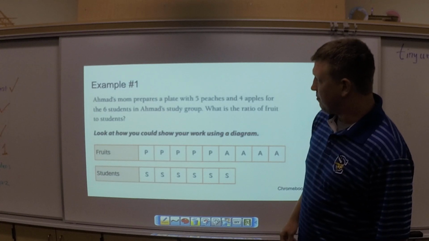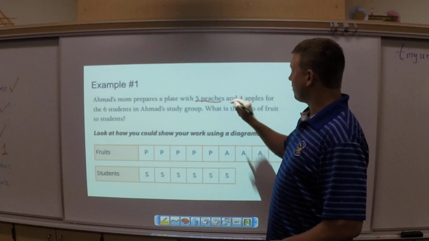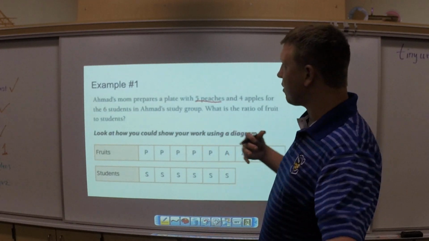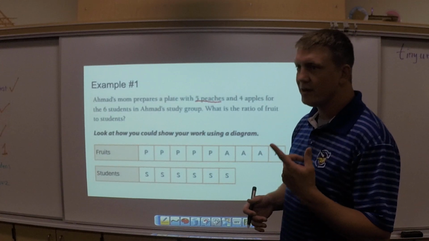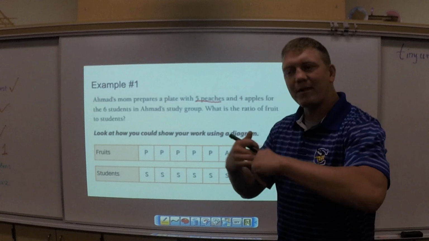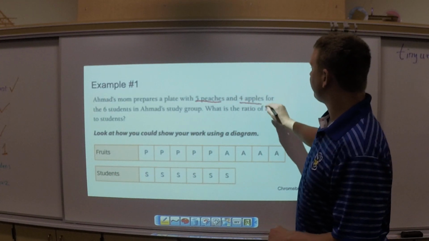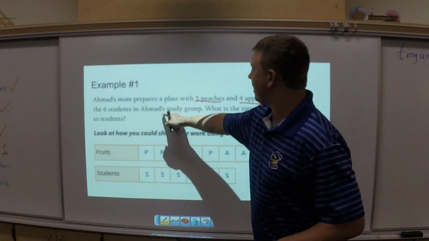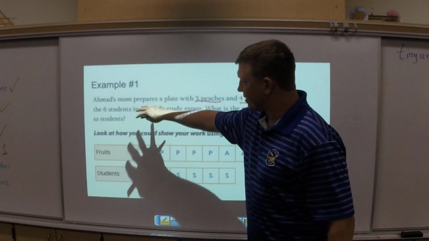Amhad's mom prepares a plate for 5 peaches and 4 apples for the 6 students in Amhad's study group. We always have to read for important information. Try to read the whole text first and figure out, okay, what are they trying to tell me? What's important? And what am I trying to figure out? Sometimes there's extra information.